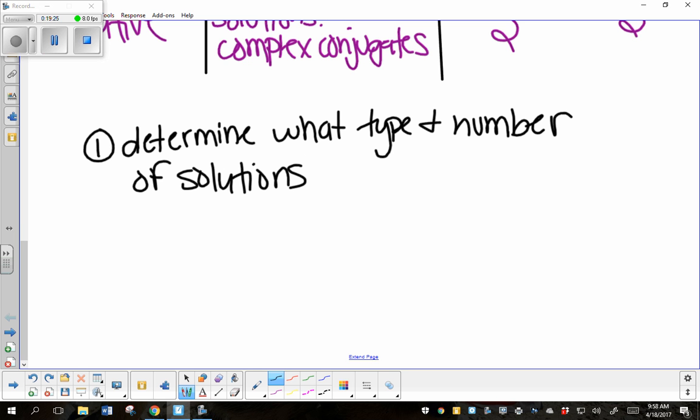So we're going to do a bunch of different examples here. For our first one, here is our equation. 9x squared minus 12x plus 4. So we're not going to actually set that equal to 0 and find the x-intercepts and find what x equals. We're just going to determine if we did do that, how many answers will we get.